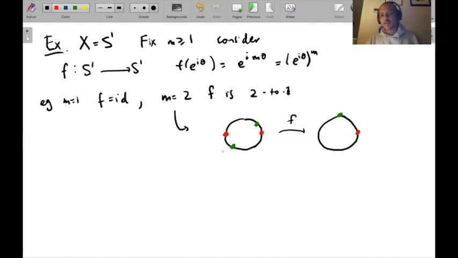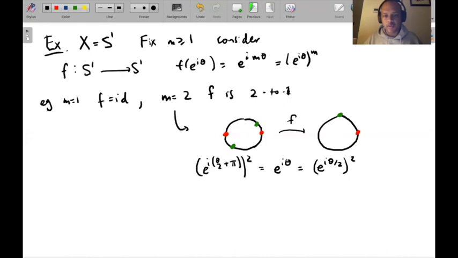This is basically because every complex number has two square roots. So e^{iθ} is equal to (e^{iθ/2})^2, and it's also equal to (e^{i(θ/2+π)})^2. So when you square, you get this 2π, and e^{2πi} is 1.